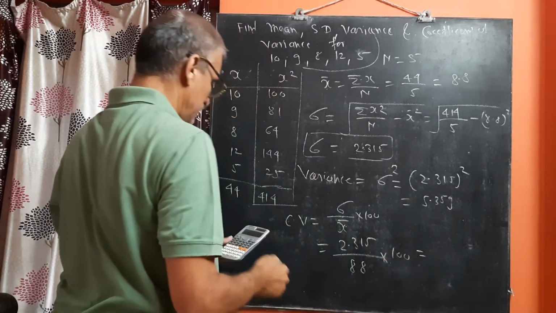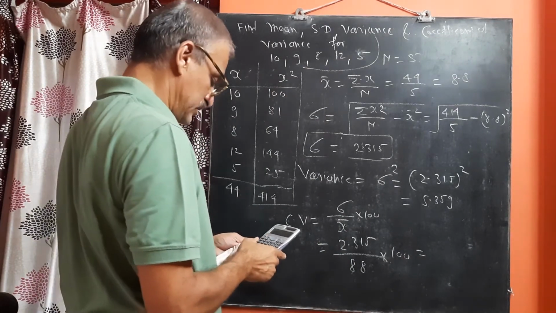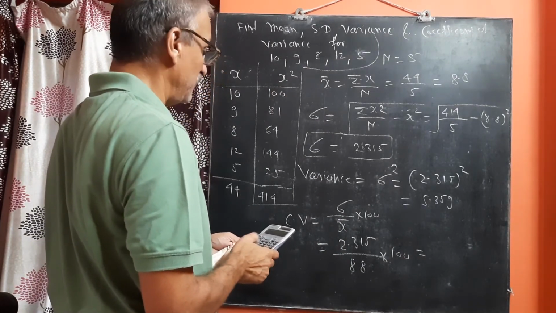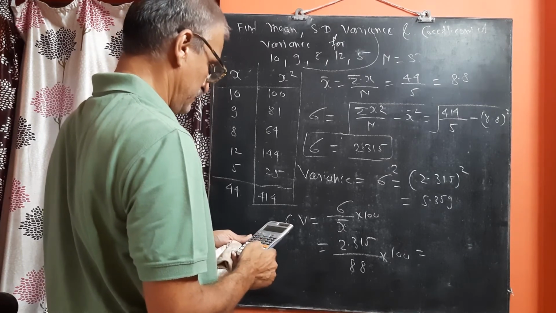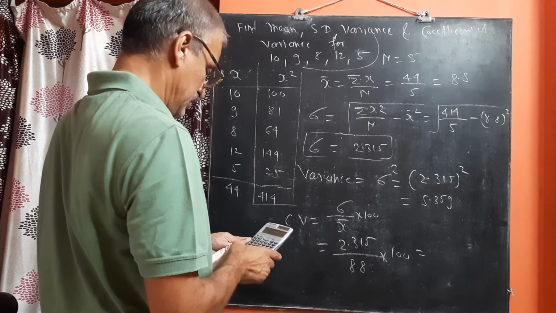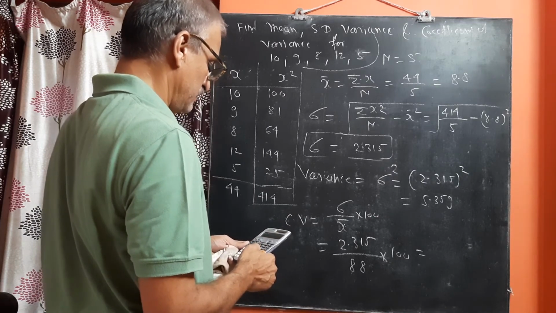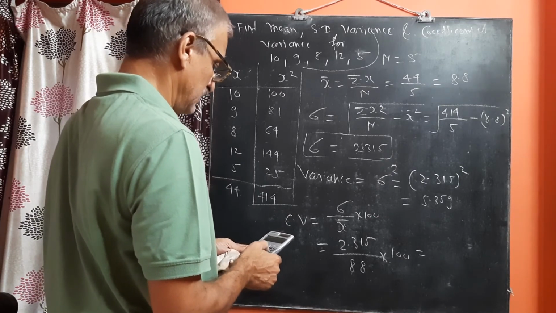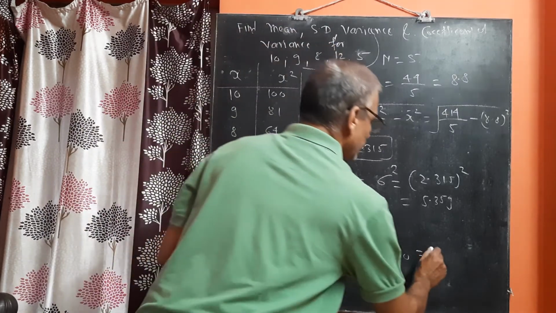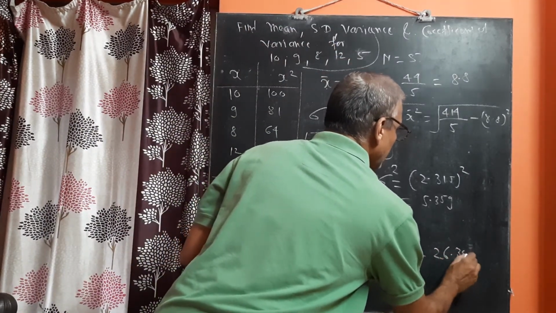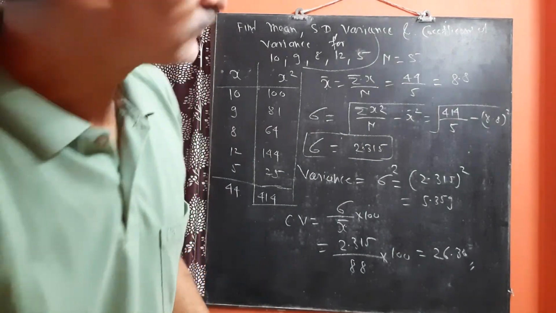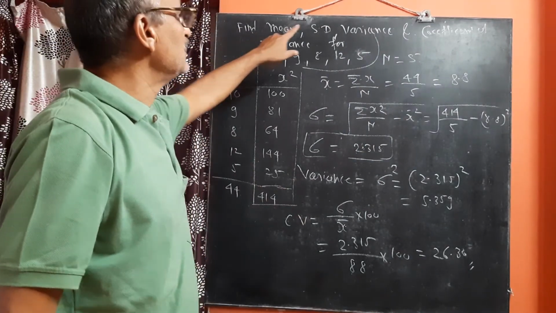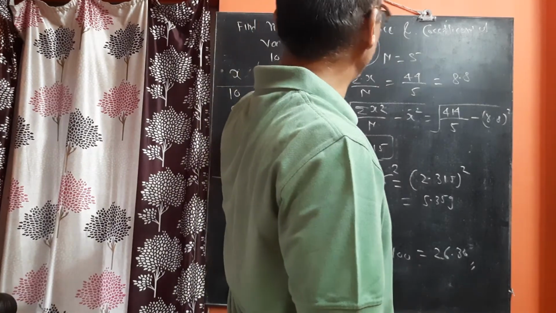If we calculate it, 2.315 divided by 8.8 into 100, that is 26.30. So that is mean, standard deviation, variance, coefficient of variance for the given series.